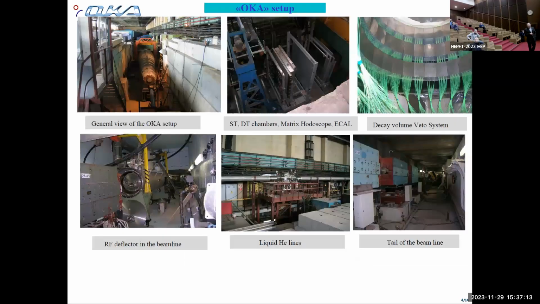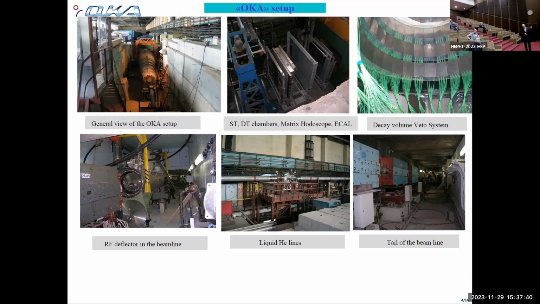So these are some pictures, a general view of the OKA setup. These are some chambers after the magnet. This is the guard system during fabrication, which is the guard system around the decay volume. So this is our second RF cavity. What you see is actually a cryostat.